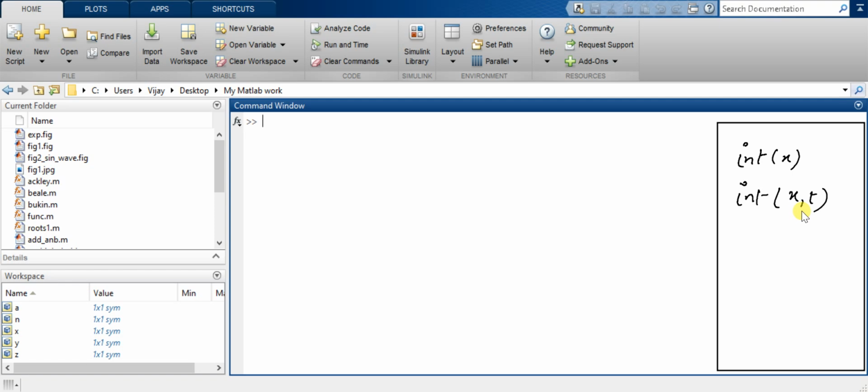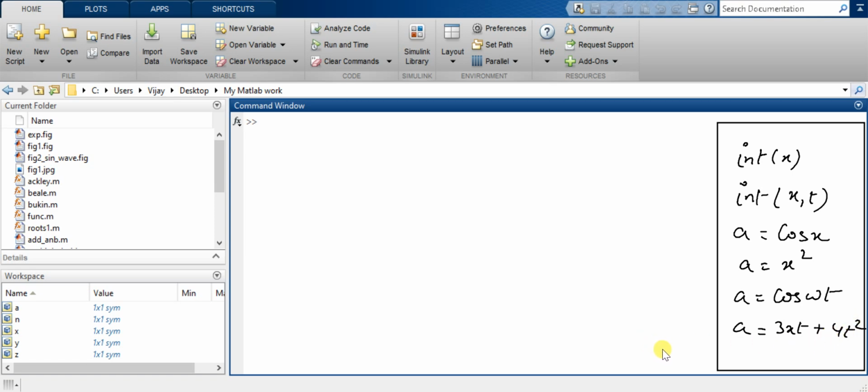Now we have some examples over here. The first example is we have a equal to cos of x, and next example is we have a equal to x square, and the third example is we have a equal to cos of omega t, and the next example we have a equal to 3xt plus 4t square.